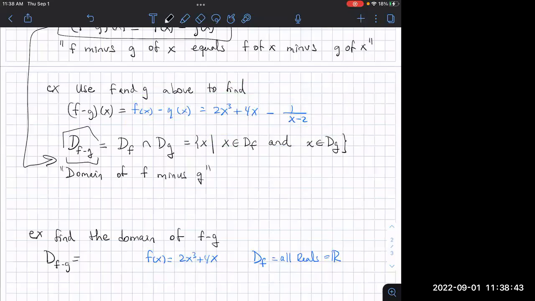Okay, so it's domain F. What's the sign? This one means intersection. And the intersection means it has to be in both.